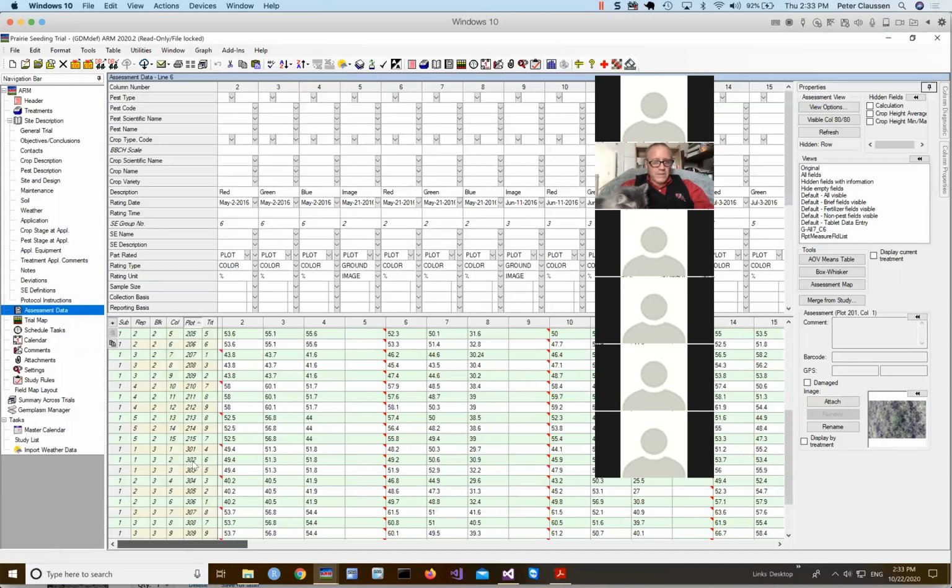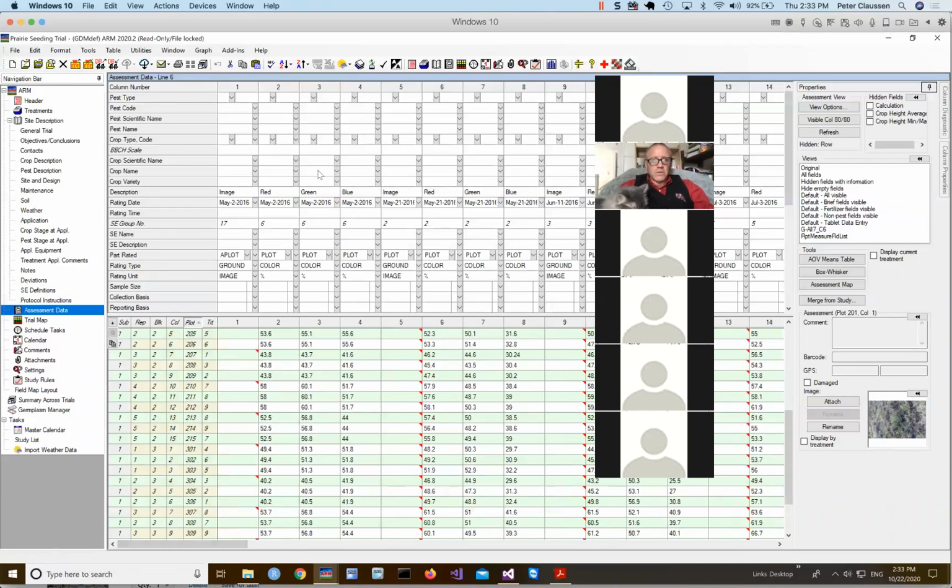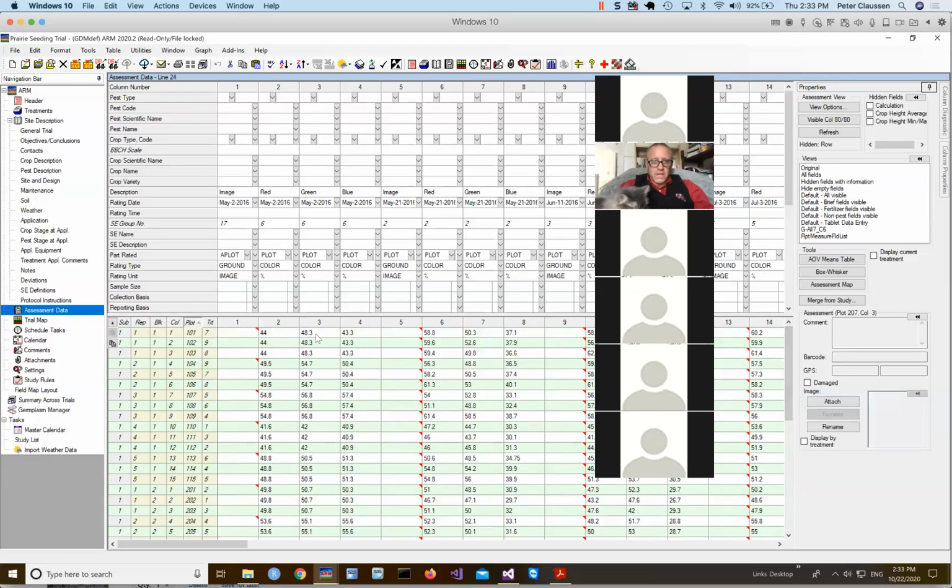What I did is I converted those images to a red, green, and blue color scale just to have a continuous variable in there. But since I only had one value for each of the subplots, I had to enter the same value for each. That means when I do the analysis, I get a decomposition of the whole plot factor A sums of squares, but I don't have any decomposition of the B level factors.